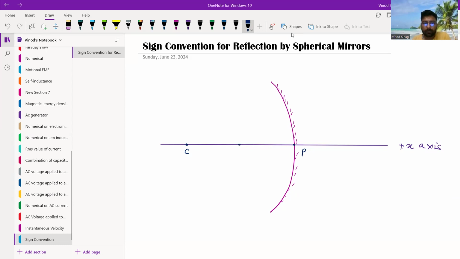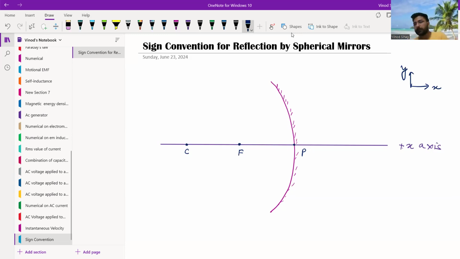So here it will be the principal focus of the concave mirror. There are some rules for the sign convention, and it is also called the Cartesian sign convention, or the sign convention in the Cartesian plane. Cartesian plane means the XY plane. So we are going to see the X and Y axis.